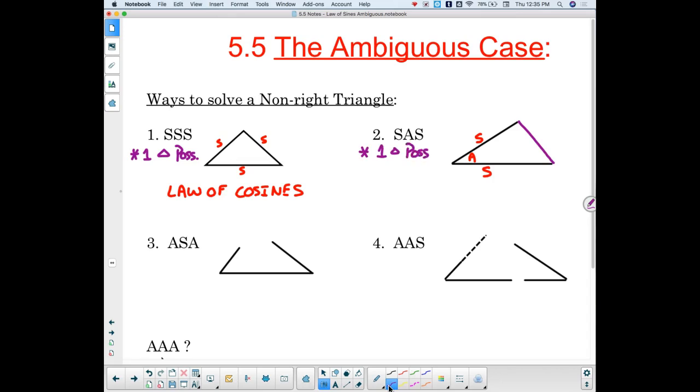The downfall is it also is a law of cosines case. Because again, we don't have that complete fraction in the law of sines.